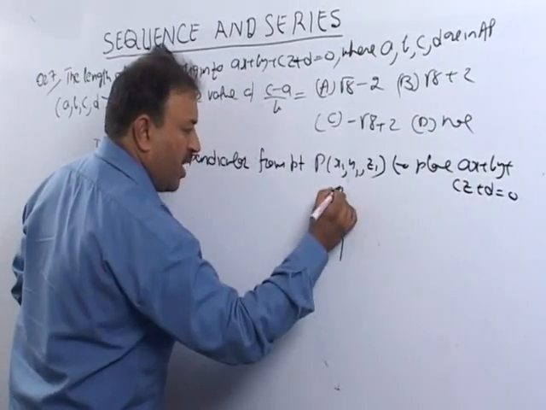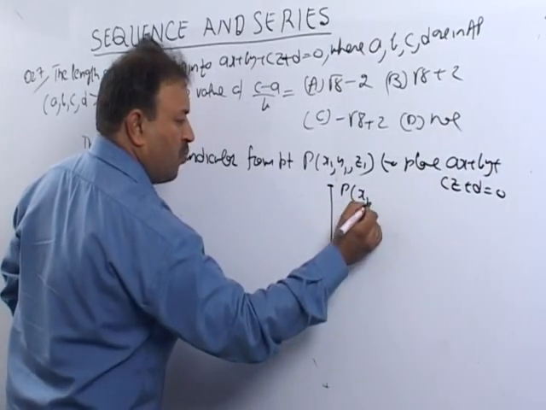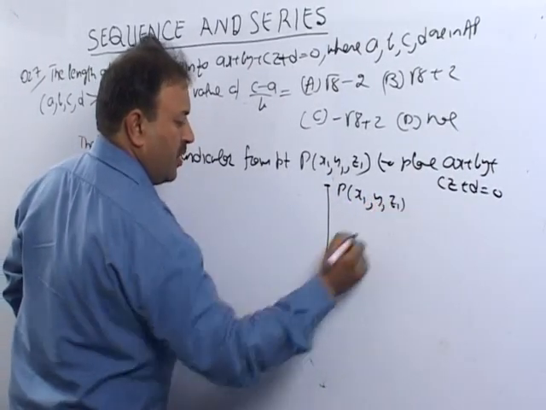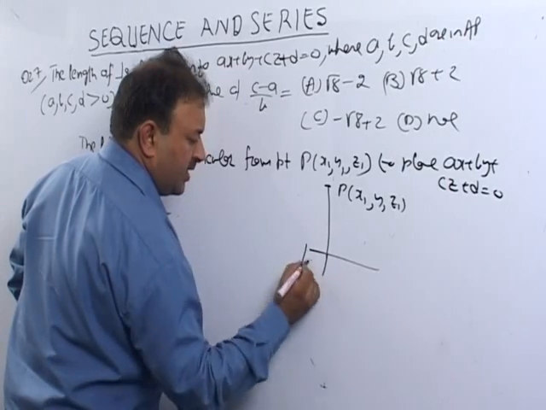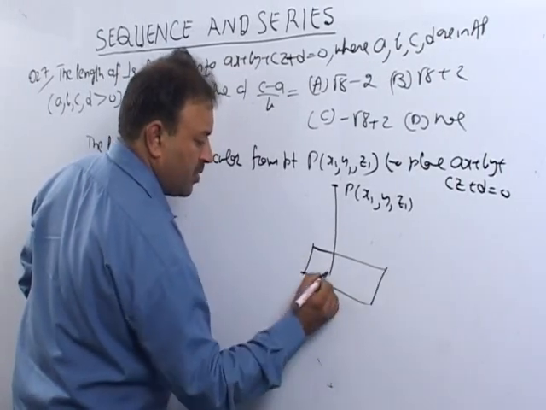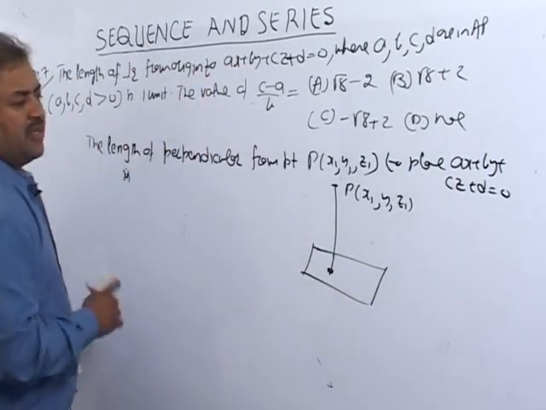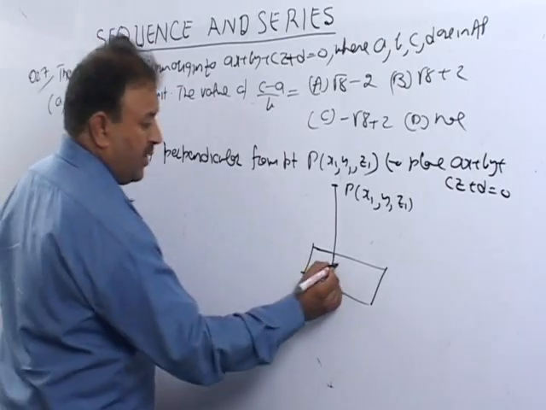We take one point, we take it P x1 y1 z1, and one plane. This is the base of a plane and PM perpendicular distance.